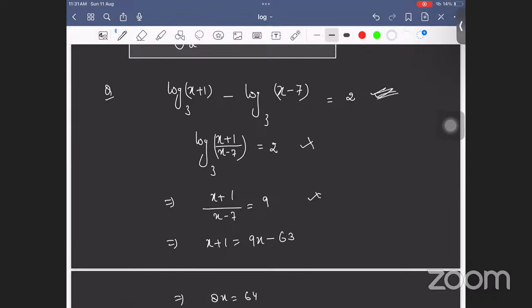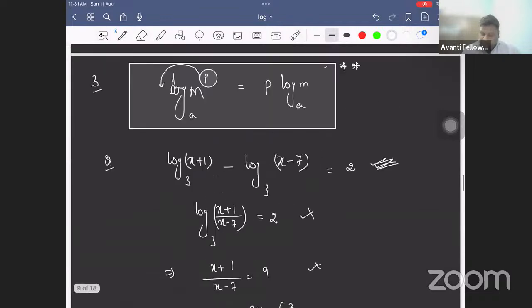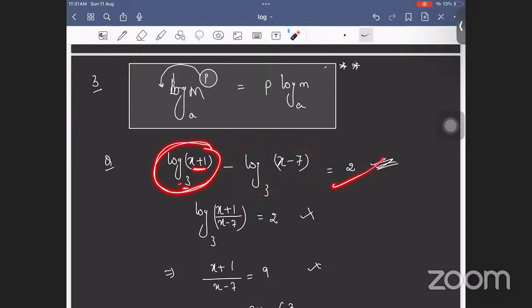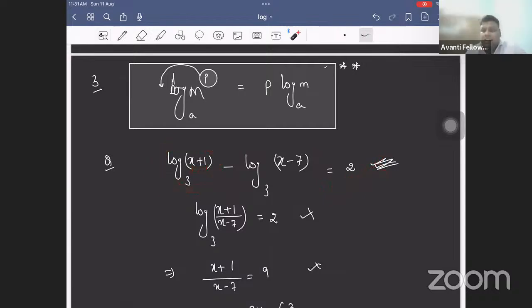Always check it in the original problem given to you. Now, if you satisfy x equals to 8 here, it will become log 9 by 3. Log 9 base 3 is 1. So it is satisfying. So whatever the answer you are getting, always check it in the basic equation.